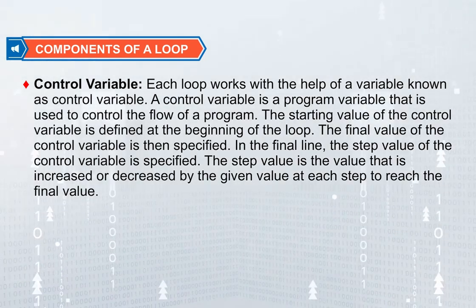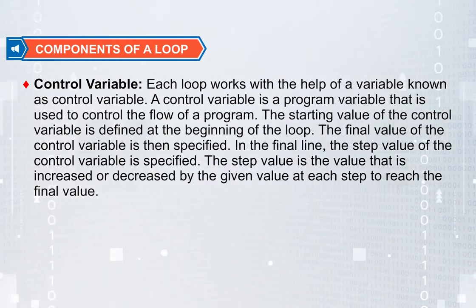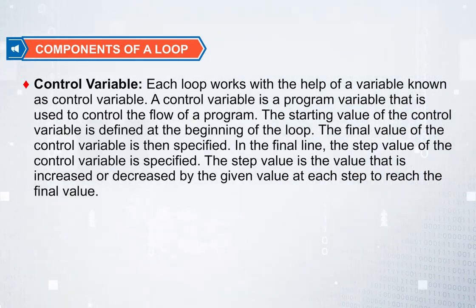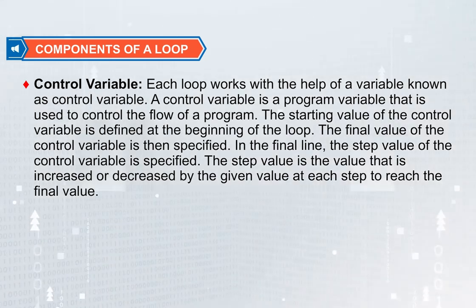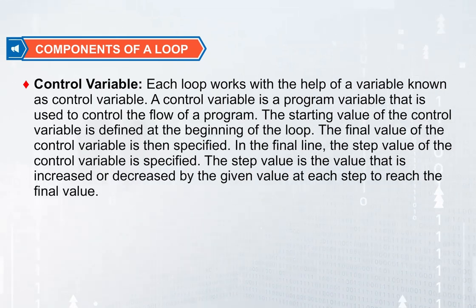The starting value of the control variable is defined at the beginning of the loop. The final value of the control variable is then specified. In the final line, the step value of the control variable is specified. The step value is the value that is increased or decreased by the given value at each step to reach the final value.